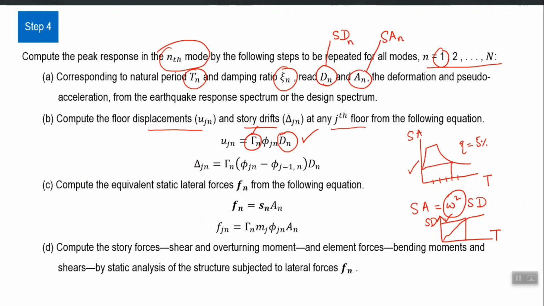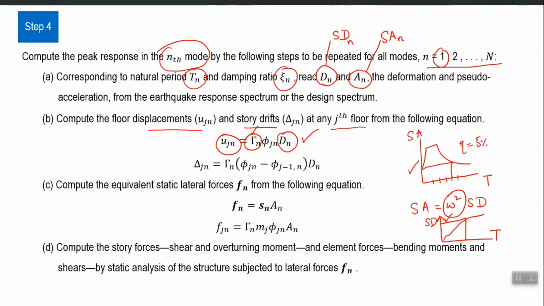This number is being multiplied by the phi vector along the height. This will give you the story displacement for that mode, right. So the story displacement in RSA can be directly obtained once you know the spectral displacement of that mode.